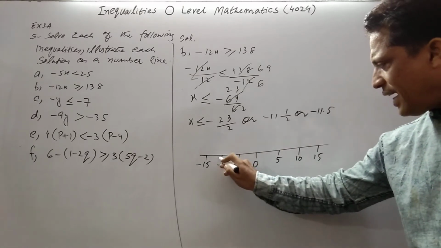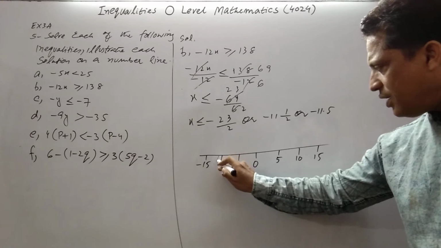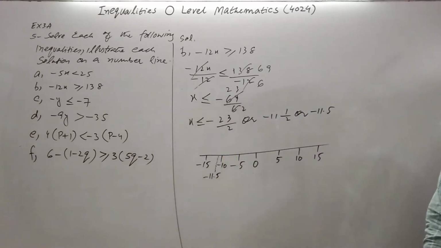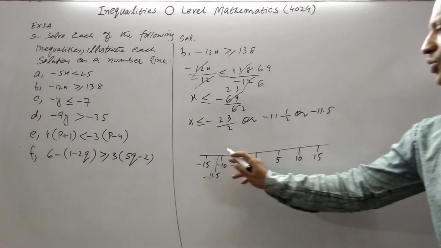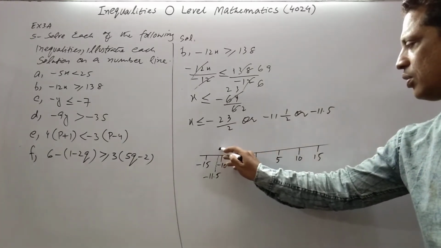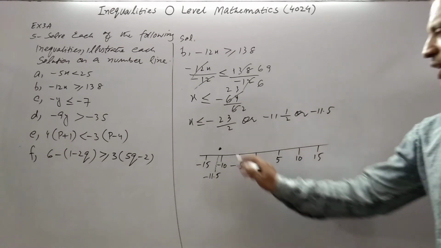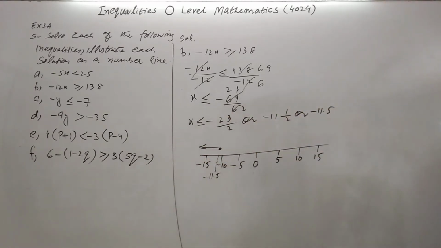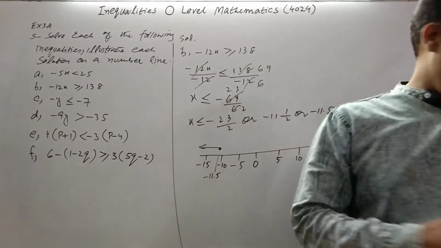Actually exact values are not required. So this is minus 11.5. And there is a less than or equal to sign, so we should draw a filled circle, and less than means the left hand side, so the arrow should be on the left hand side. So this is our answer. I hope you understand.